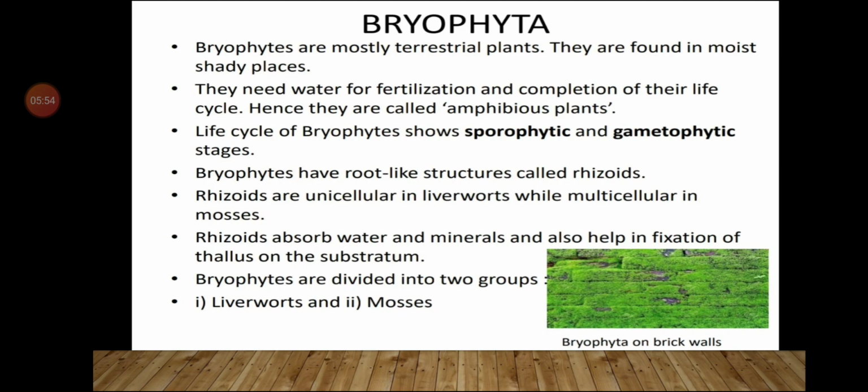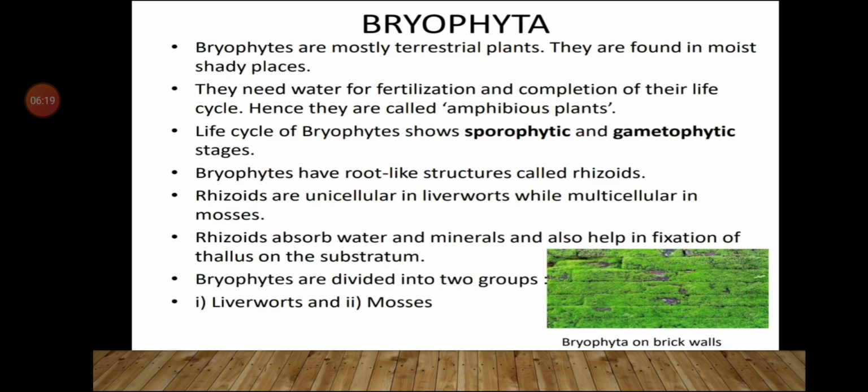Bryophytes are divided into two groups, liverworts and mosses. I hope all these salient features are clear. I repeat: bryophytes are terrestrial plants living on land, but they need water for fertilization and completion of their life cycle, so they are called amphibious plants.